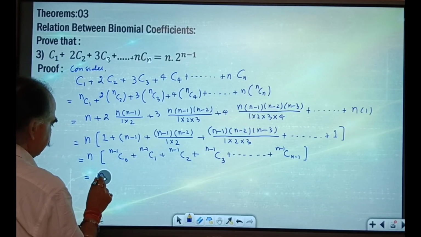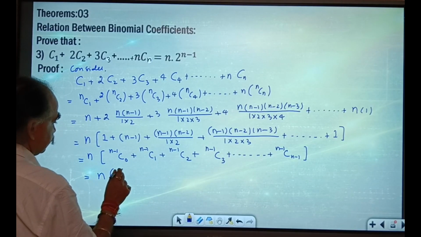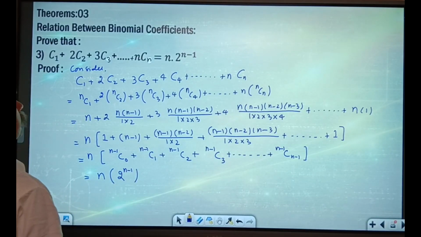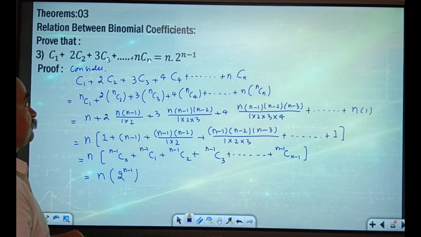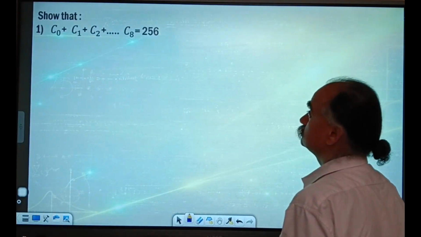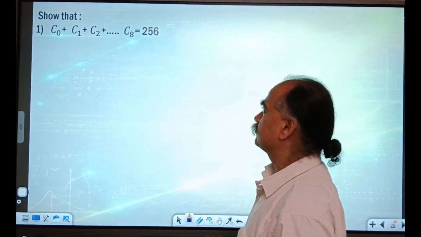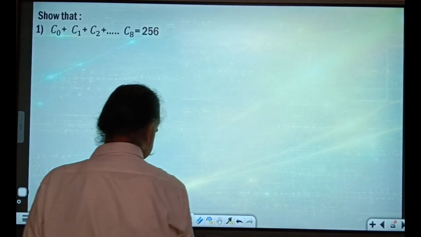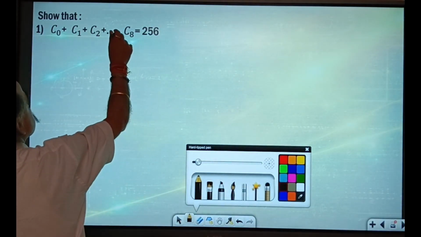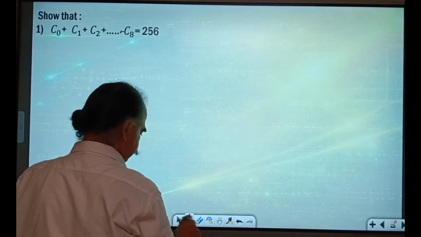And this can be written as n times 2 raised to n minus 1. This is what we do. C0 plus C1 plus C2 plus dot dot dot up to C8 is what? 256.